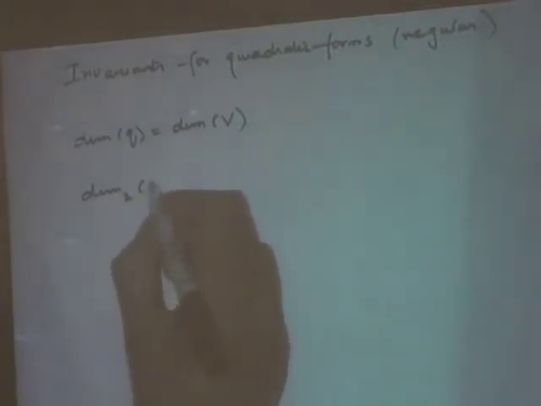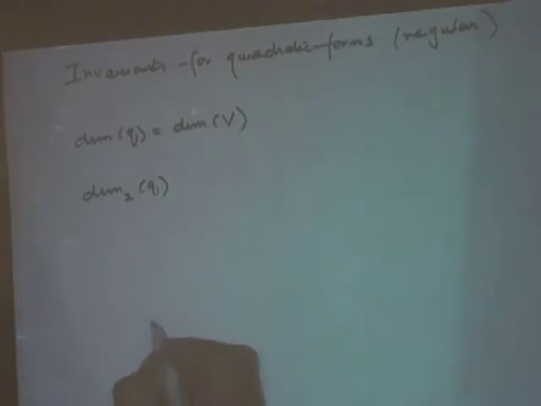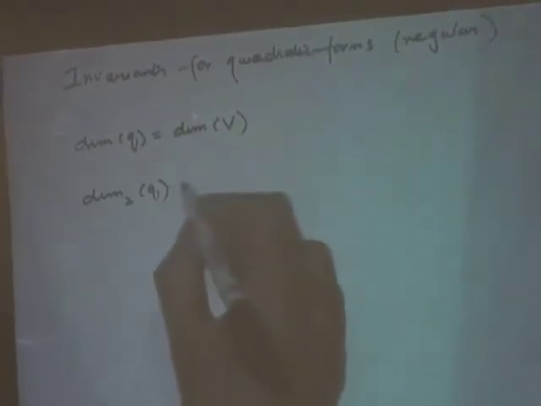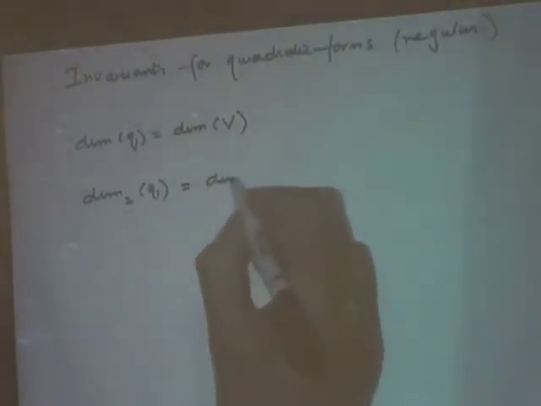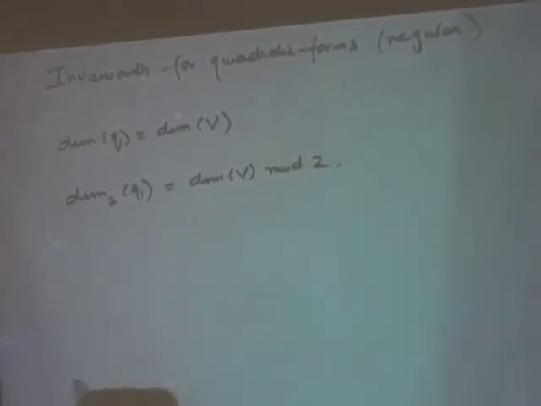And somehow we would like to define invariants at the level of Witt groups, not at the level of quadratic forms. The hyperbolic space has even dimension, so let's define dim2 of Q to be the dimension of V mod 2. This is the very first invariant for quadratic forms.